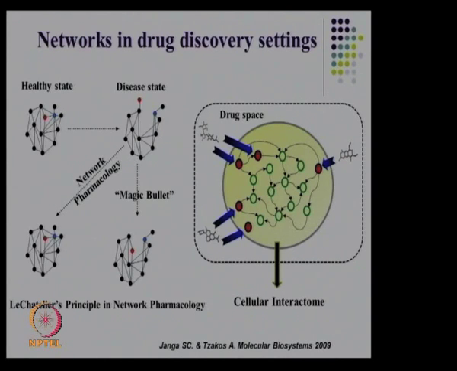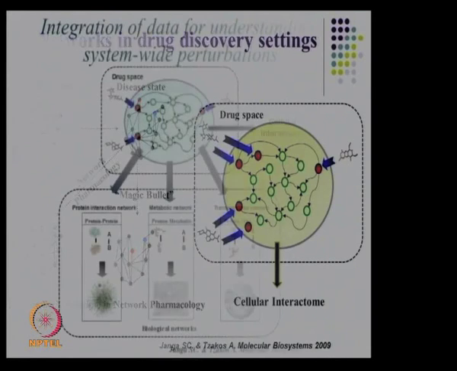Perturbation of one cannot be seen in isolation. It has to be seen in the context of other perturbations. Now, a combination of these perturbations is going to yield a phenotype which we hope can be treating the complex disease. That is the concept behind this idea of network pharmacology.